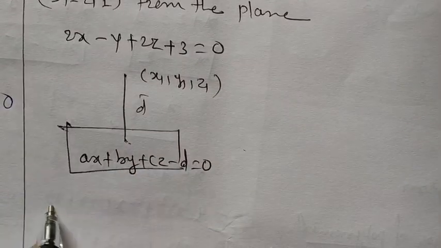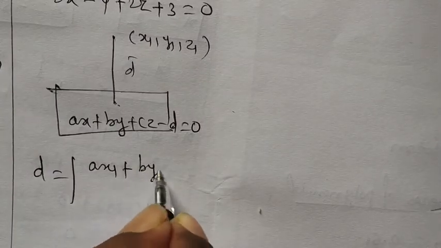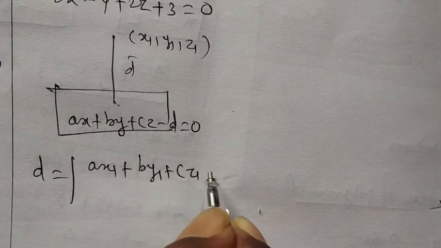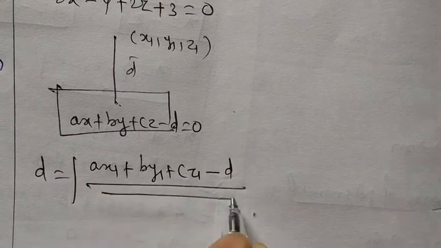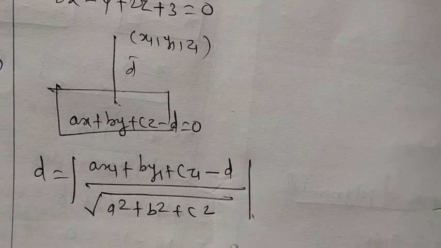Then the distance d is equal to (a x1 plus b y1 plus c z1 minus d) upon the square root of a square plus b square plus c square. This is the perpendicular distance.